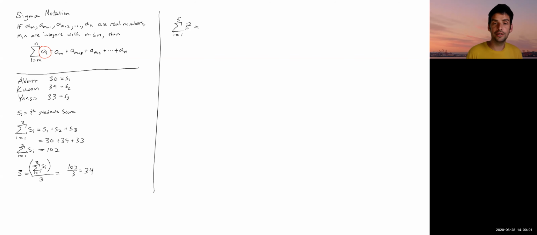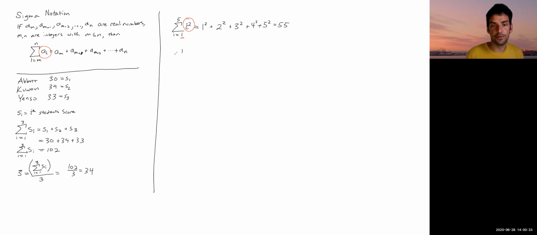This is the general form. I'm going to write this general form for each value of i, starting at 1, ending at 5, and then add them up. So at 1, 1 squared, when i equals 2, 2 squared, when i equals 3, we get 3 squared, when i equals 4, 4 squared, when i equals 5, we get 5 squared, or 55, okay?